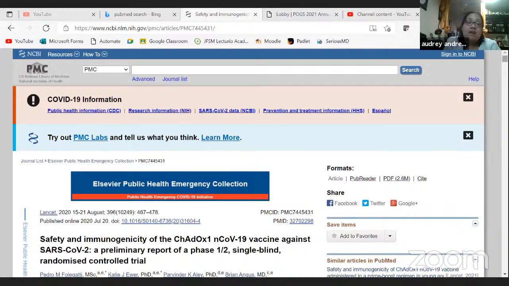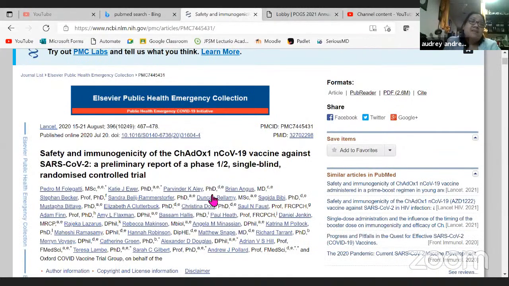So you will get a journal. Look at PubMed or any other source, and you will look at the journal. Sometimes the type of study is already in the title. So this is safety and immunogenicity of vaccine against SARS-CoV-2: a preliminary report, single-blind, randomized controlled trial.